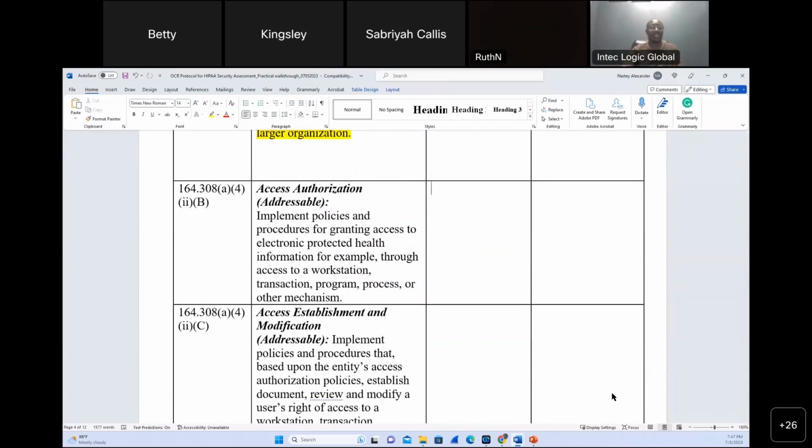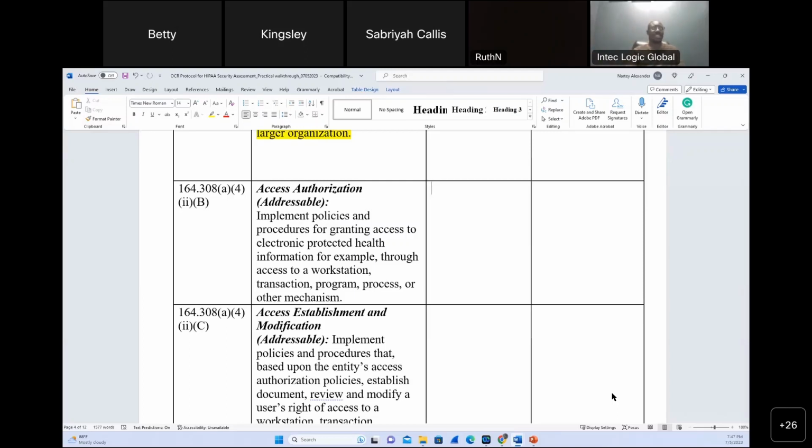Access authorization. You see some of the things are repetitive, right? So what document do you want to see here? Authorizing people to have access, right?